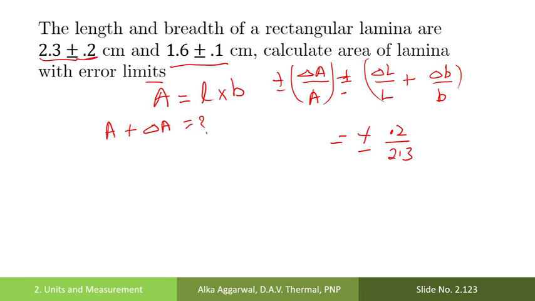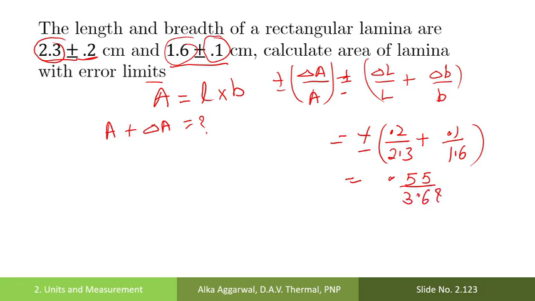Delta L is 0.2 and L is 2.3. Similarly, delta B is 0.1 and B is 1.6. So 0.1 upon 1.6, which gives 0.55 upon 3.68. It is delta A upon A.